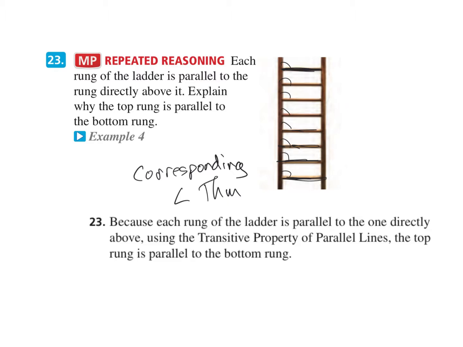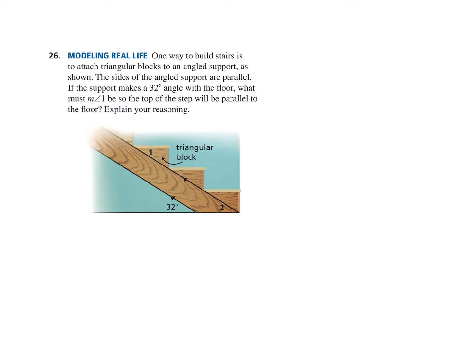Let's move on. Number 26: one way to build stairs is to attach triangular blocks to an angled support as shown. The sides of the angled support are parallel if the support makes a 32 degree angle with the floor. What must angle 1 be? The top of the step will be parallel to the floor, so we have parallel lines here.